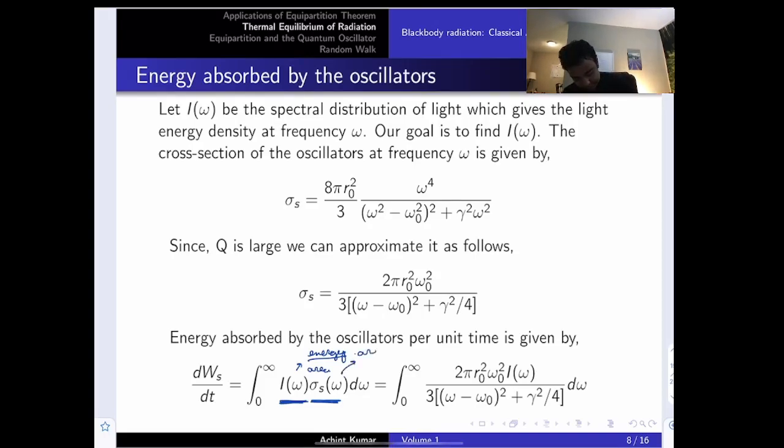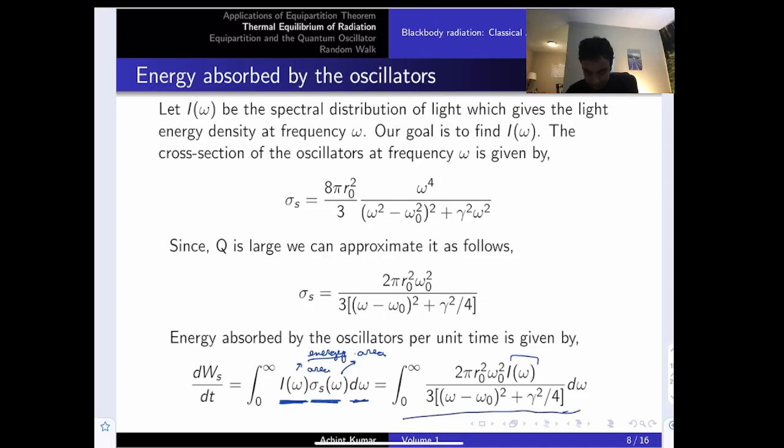Then we integrate over all frequencies, and that gives us the total energy which is being absorbed. I don't know the expression for I of omega, so this is what we have to find out. We know sigma of omega from lecture 32, so I plug that in, and I eventually get this integral.